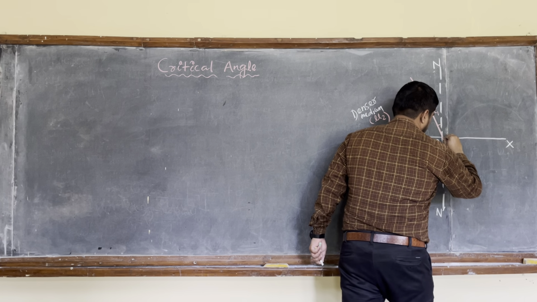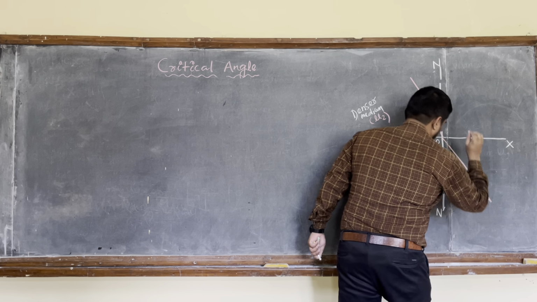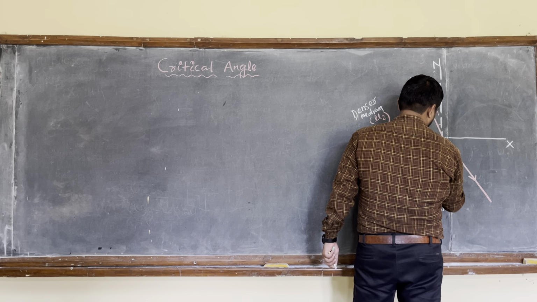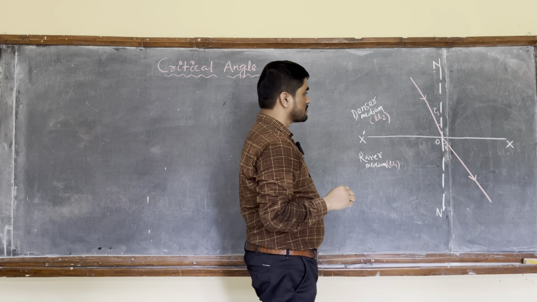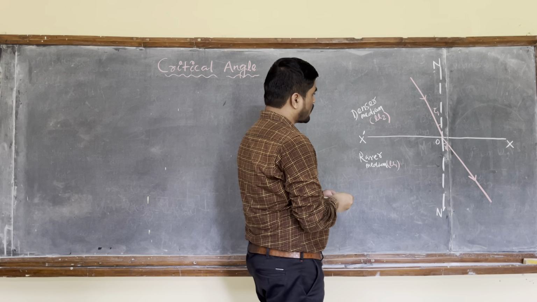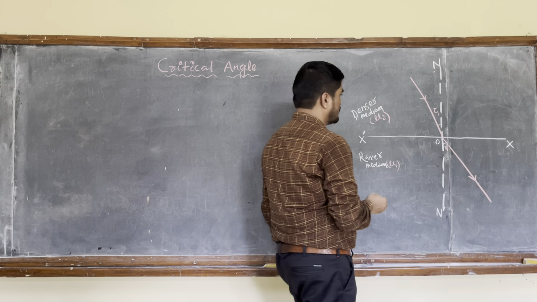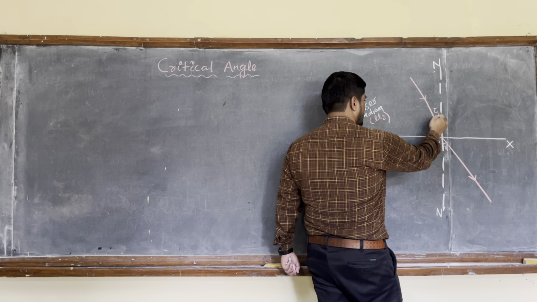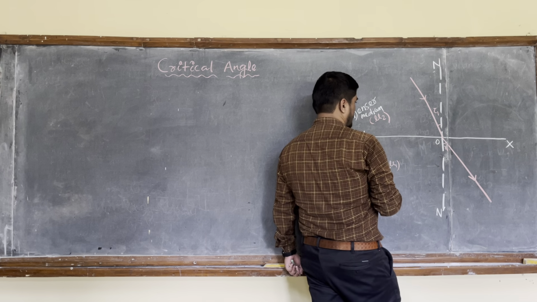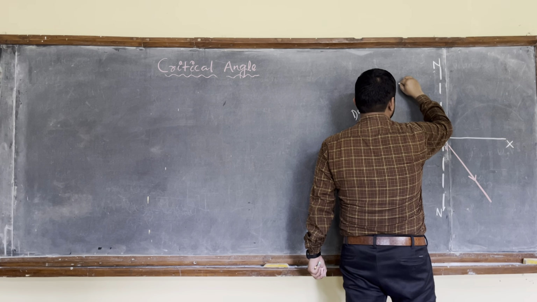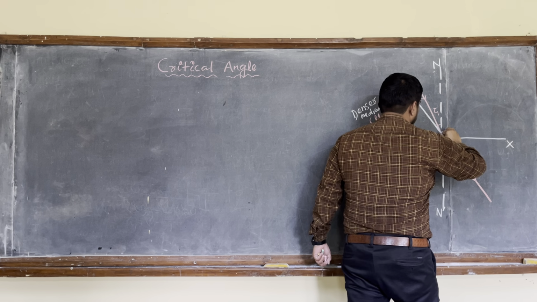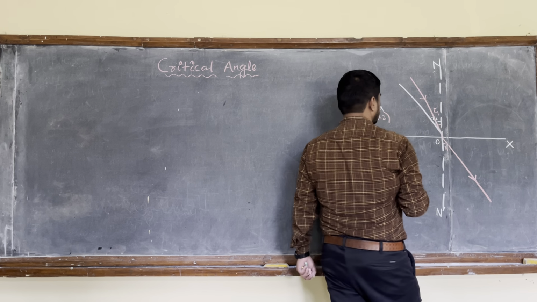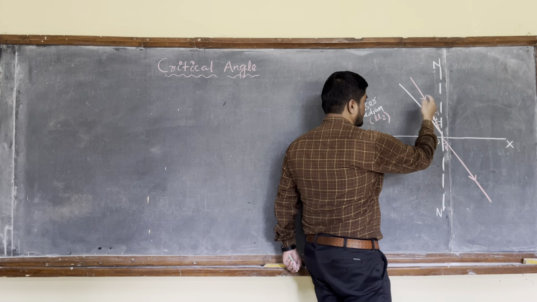And let this be the path of the refracted ray, and this angle is the angle of refraction R1. Here if you further increase the angle of incidence, that means you incident a ray with an angle more than the angle of incidence I1, and let this be the ray having the angle of incidence I2, which is more than I1.